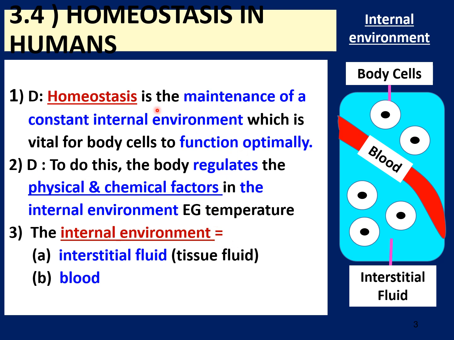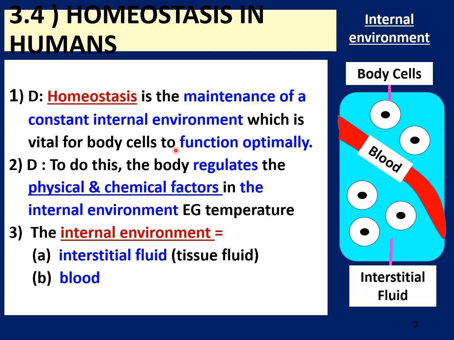So homeostasis is the maintenance of a constant internal environment. Maintenance means to keep it at that state. So it's the control of keeping that internal environment in that steady state, which is vital, which is important for body cells to function optimally.